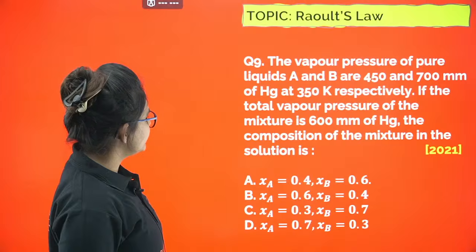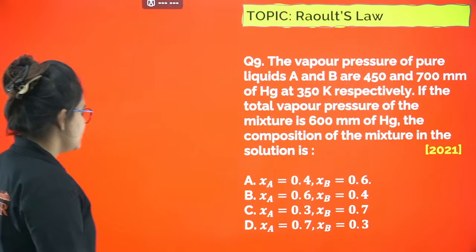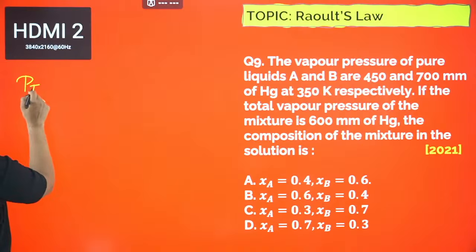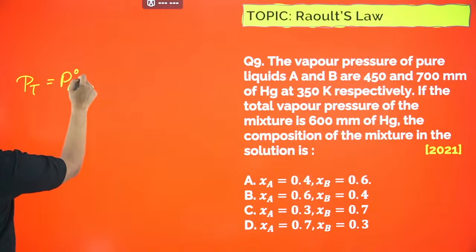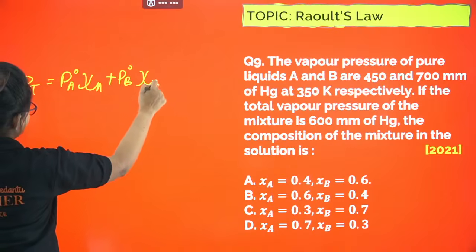If the total vapor pressure of the mixture is 600 mm, then find the composition of the mixture. So how should we proceed? We will directly apply Raoult's law here. PT, the total pressure, is basically equal to PA0 XA plus PB0 XB.